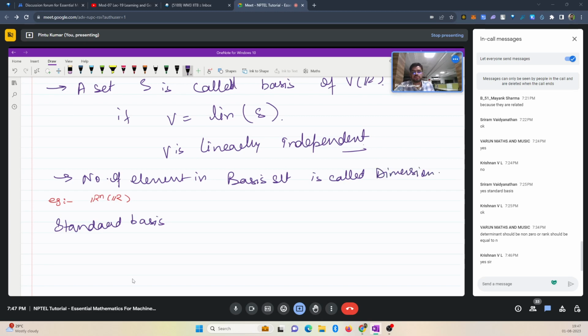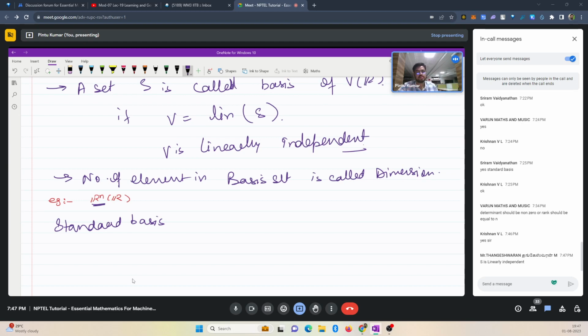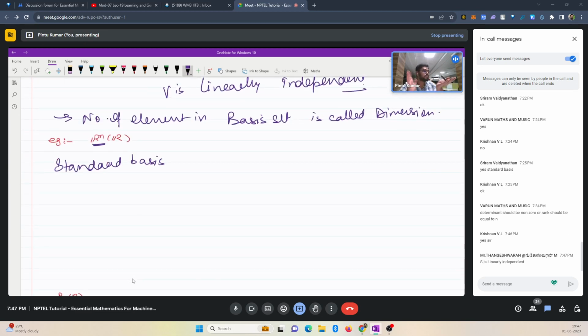So your Rn is an n-dimensional vector space, that is, it has n elements in its basis, and you can have more than one basis for a particular vector space. I'll just be mentioning the standard basis.